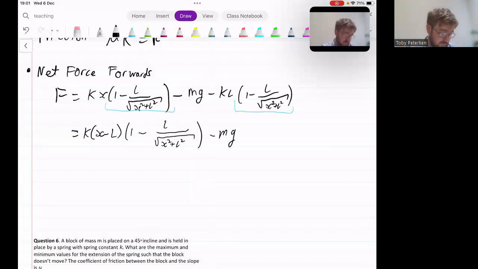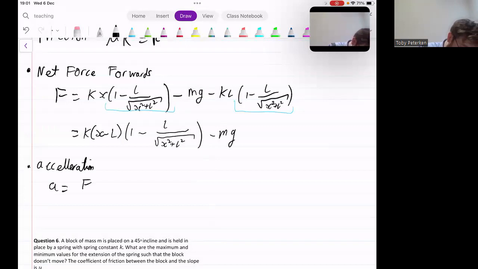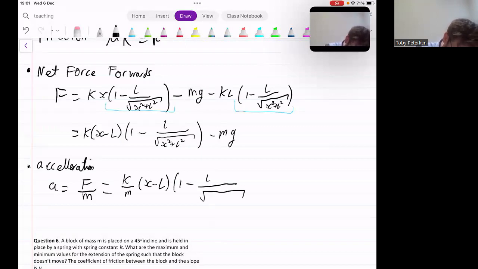And then the acceleration a equals the net force divided by the mass, which equals k over m times x minus L, times 1 minus L over the square root of x squared plus L squared, minus mg. Oh, not mg, we've divided that by m, so the m's cancel.